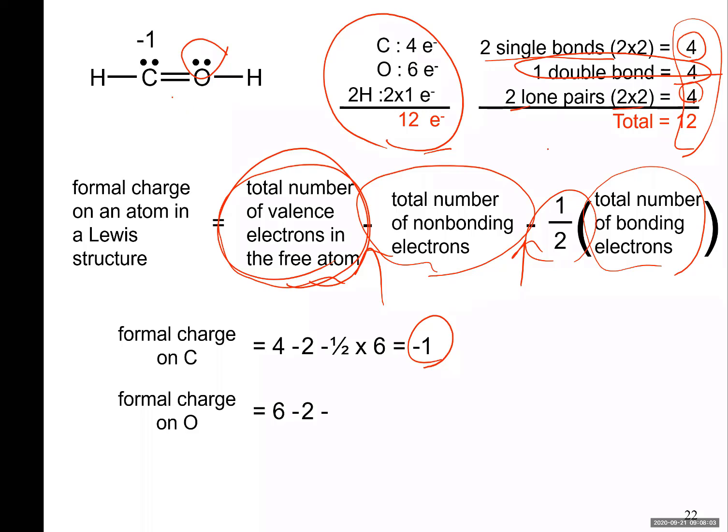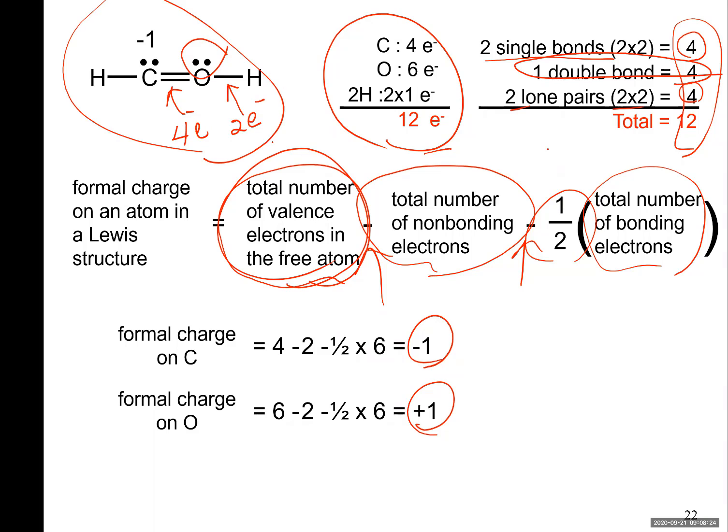How many bonding electrons do you see on oxygen? Is there 4 electrons for one double bond, and 2 electrons for one single bond? These are bonding electrons. So I write half of 6. So you get +1. That means in this particular structure, you have a negative formal charge on carbon and a +1 for oxygen. So there is formal charge here.